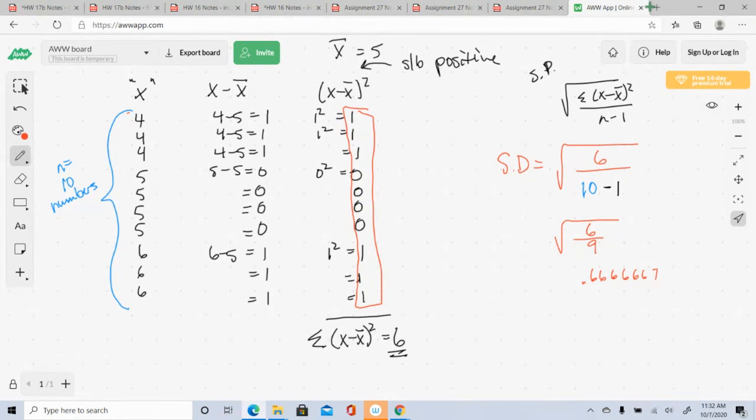But we've got to take the square root. So keep it on your calculator. On my calculator, I'm keeping it all the way out as far as it'll go. And then I want to take the square root of that.